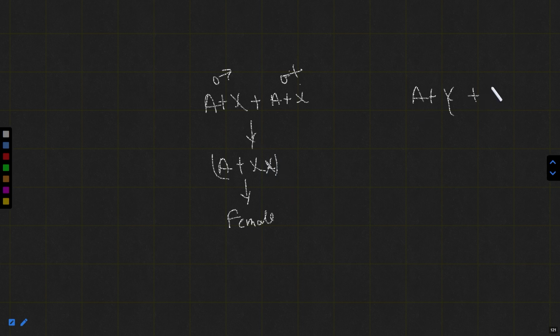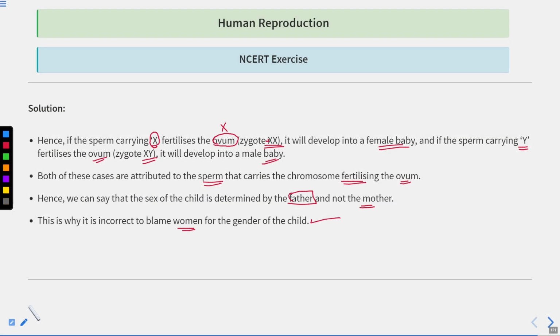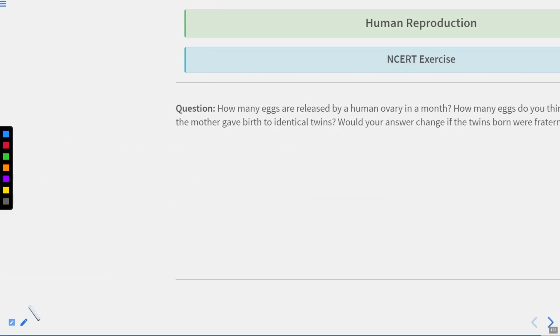Clear? Here A plus X, then X plus Y will be formed, and this will develop into the male. Clear? You can write 2A here. All right, clear? That's why the sex is determined by the father.